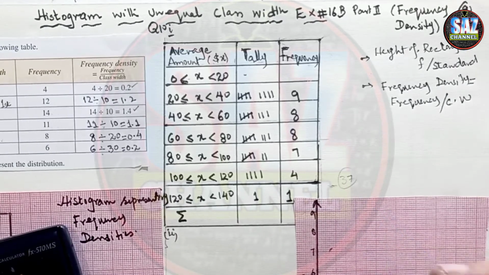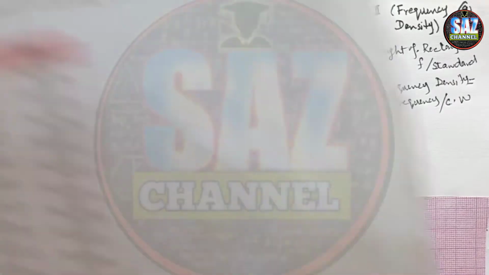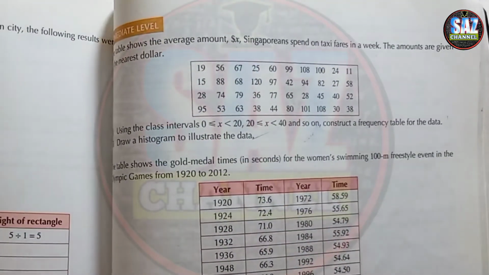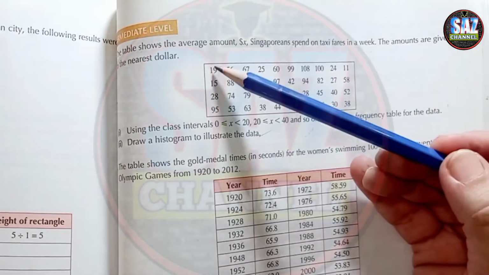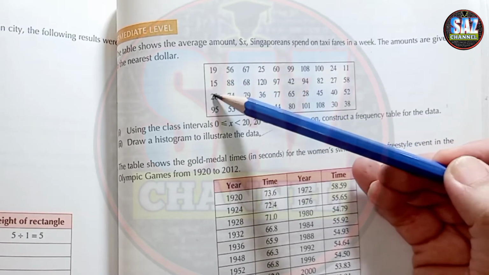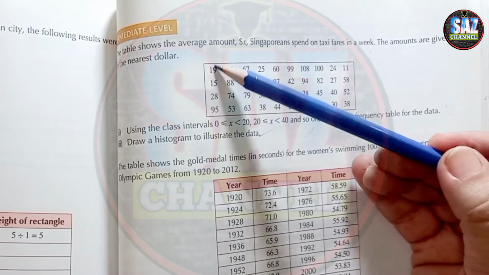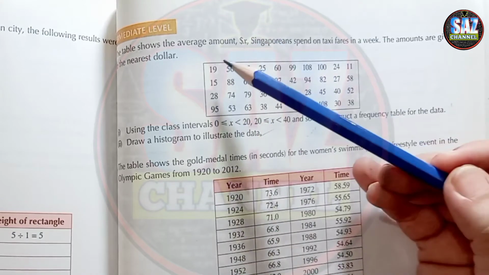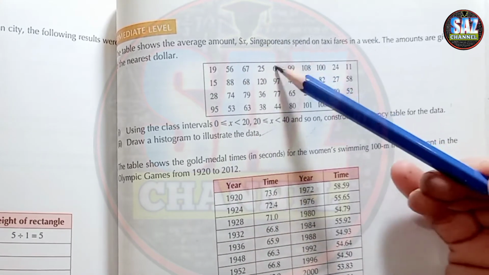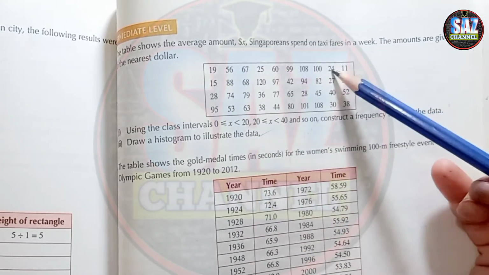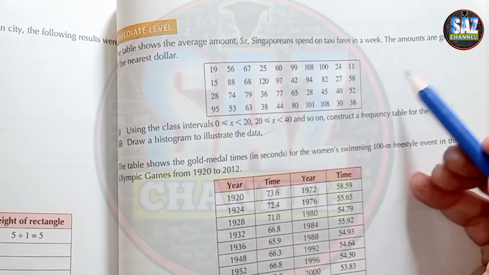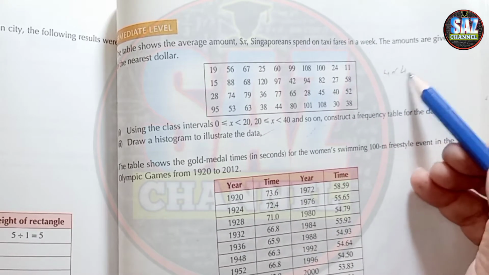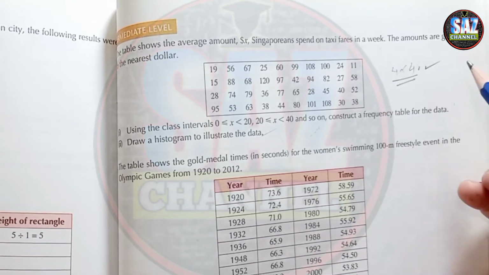Look, how am I deciding that? Either you can count 1, 2, 3 and 4 rows, and how many columns are with us? 1, 2, 3, 4, 5, 6, 7, 8, 9 and 10. So 4 times 10 is 40, so it means the total has to be 40.